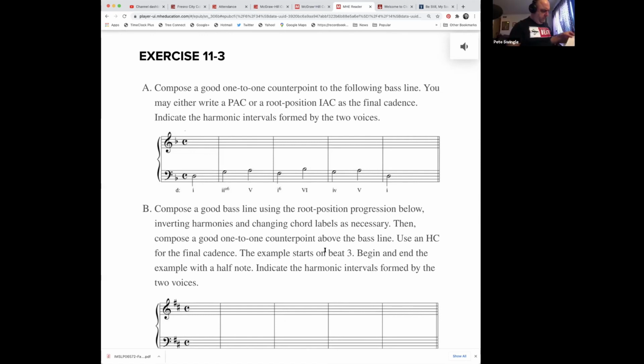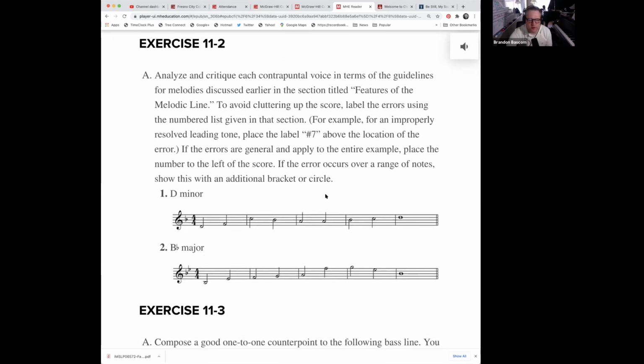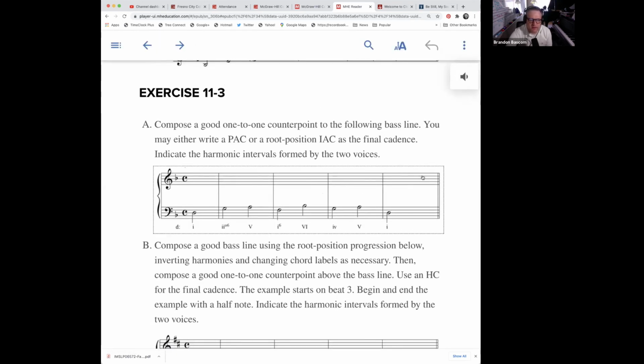I'm sorry. 89. So 89 is critique the voice leading of these things. We did that yesterday. 11-3, compose a melody that has good one-to-one counterpoint for the bass line that you've been given.